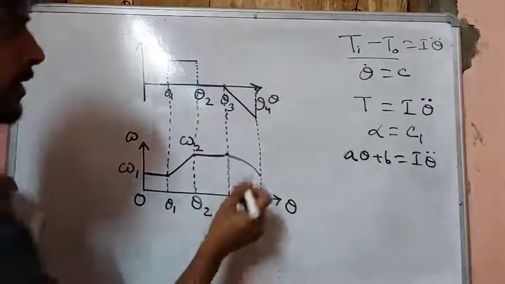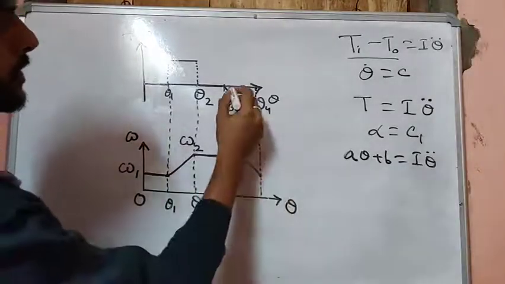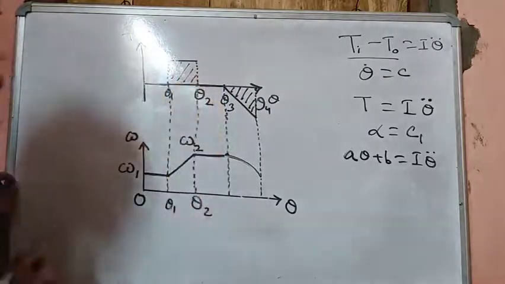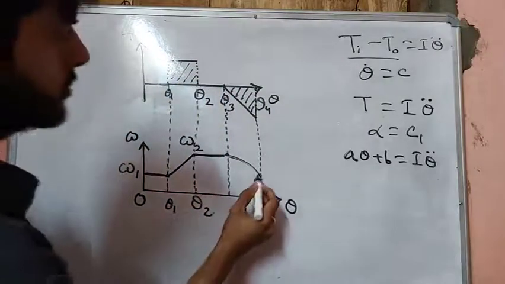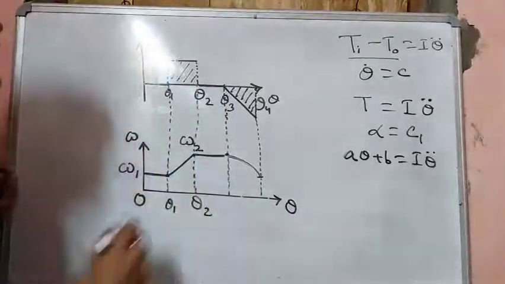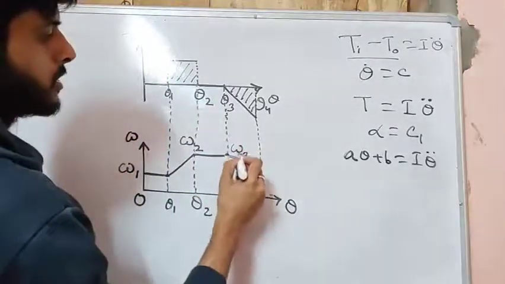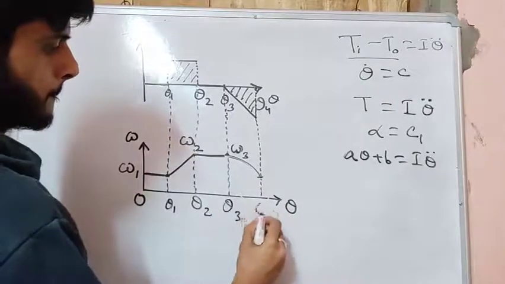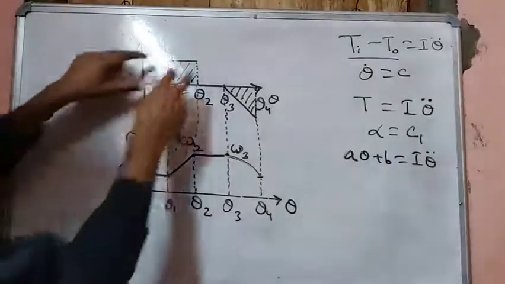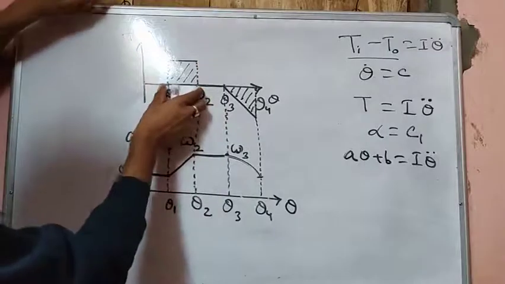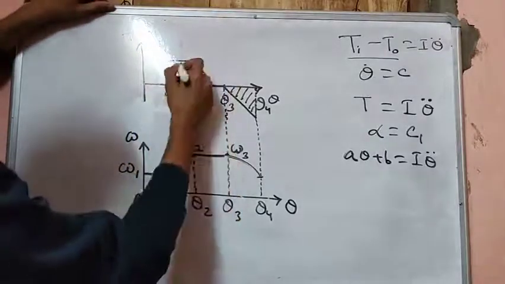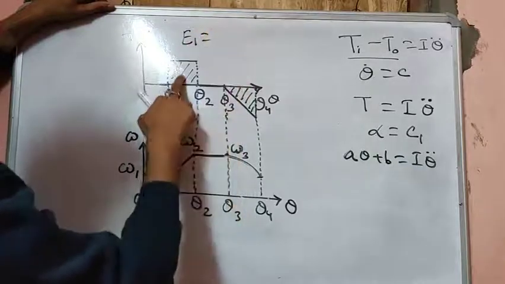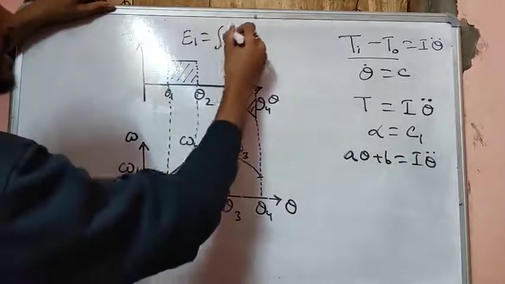Now depending on this total energy and this total energy, for this point we are talking about, omega 2 is equal to omega 3. So the energy under this torque diagram, the area under this curve, energy E1, is the integral of t d theta.